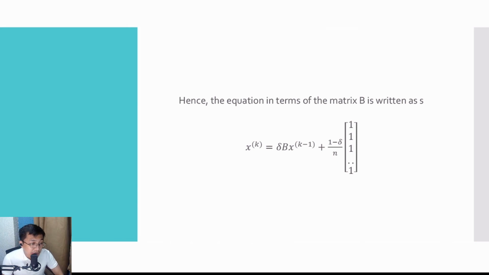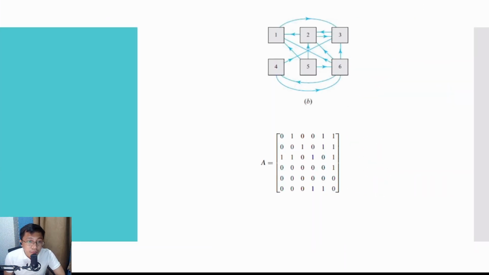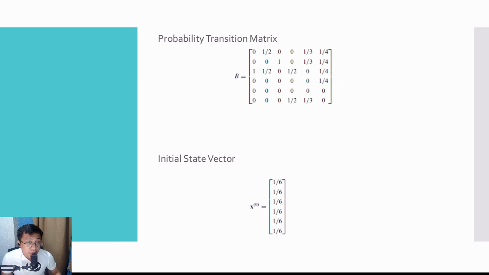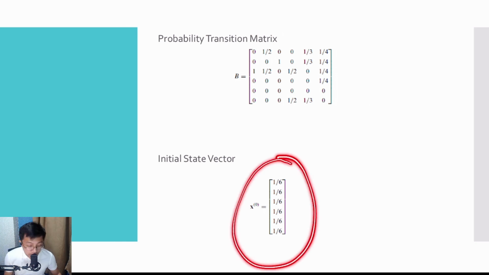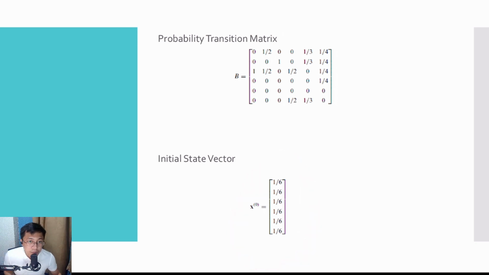It is a bit more complicated compared to Alice's. And the adjacency matrix will look like this for the second web graph. If that's the case, we can write the probability transition matrix like this. And for this example, we will have a 1/6 for each value. That means you have a 1 over 6 chance of starting at that specific page.